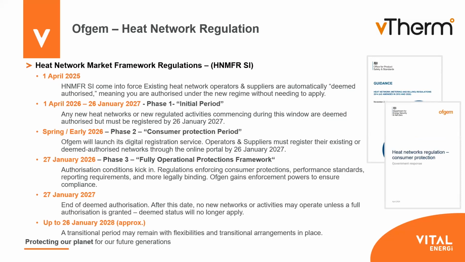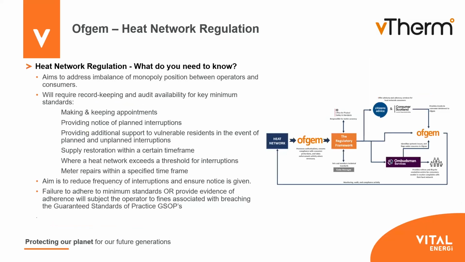And this now will be carrying on with the transitional period to approximately 2028 as well. So what does it mean? It means to address the imbalance and monopolizing between operators and consumers. We've got to make sure that bills can be paid, and also that heat networks are repaired within a reasonable time frame.